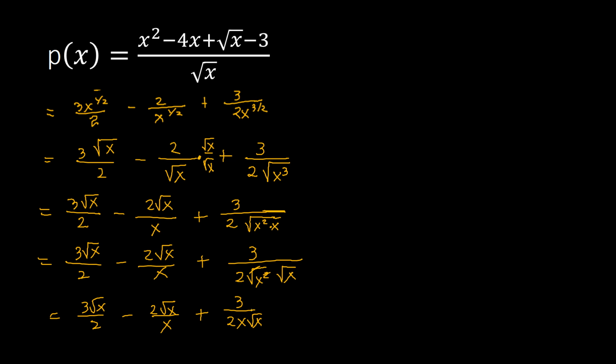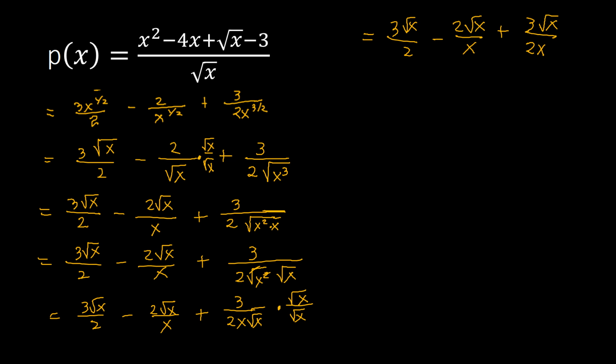So we still have a square root here, so we are going to rationalize. Square root of x over square root of x will be multiplied to this expression only. So this will be now equal to 3 square root of x over 2 minus 2 square root of x over x plus 3 times square root of x, that's 3 square root of x over 2x.